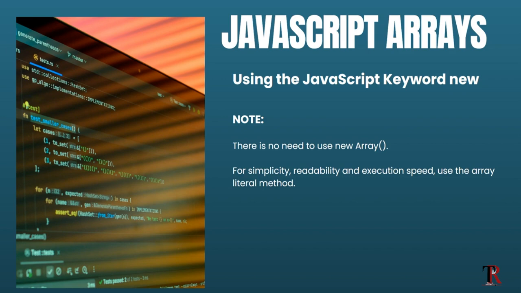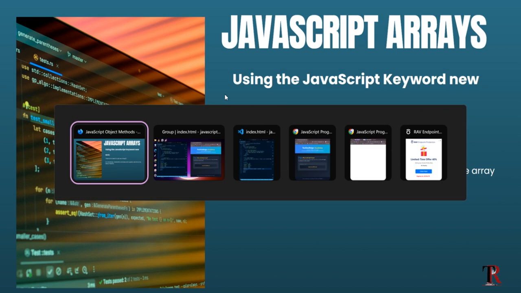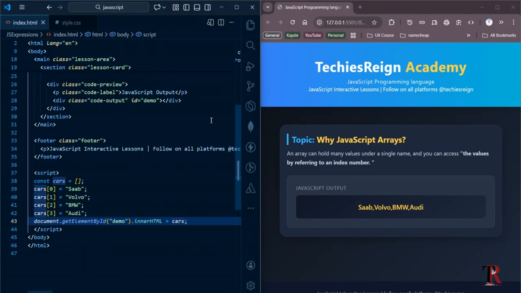And in this lesson, we are quickly going to take a look at using the JavaScript keyword new. When you create an array, you can create it with the array literal method, which is simply by doing something like this: car.